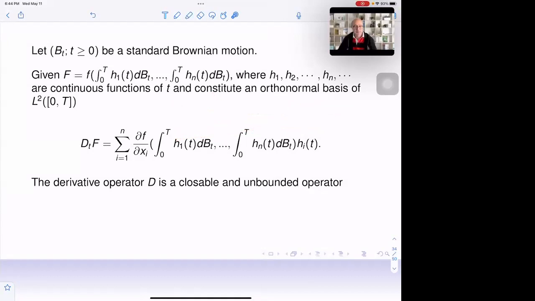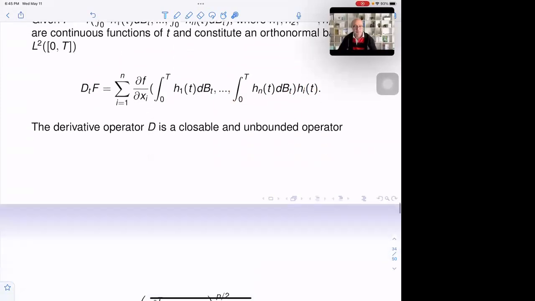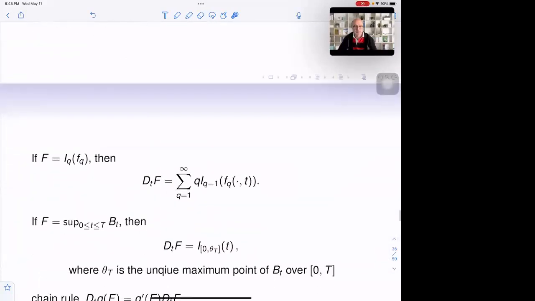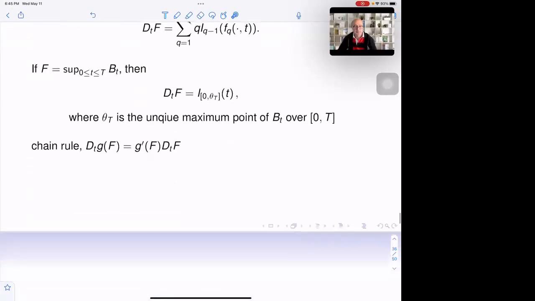Then you can use extension theory to define it for everything. You need this to be a real derivative operator, which means that it has some kind of chain rule. You can compute the derivatives in some direction, for example using the Cameron-Martin space, and you find the derivative.